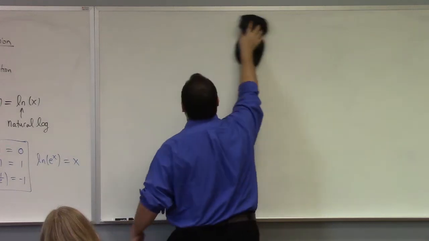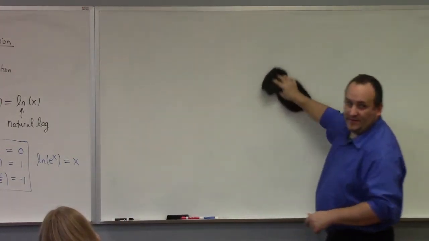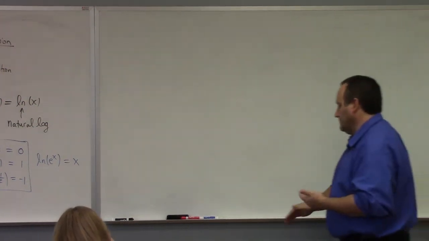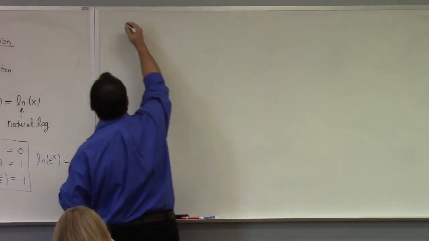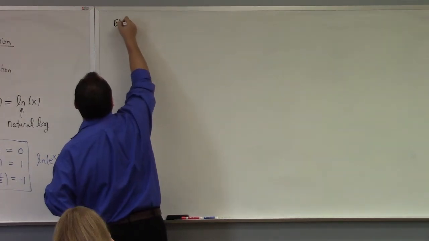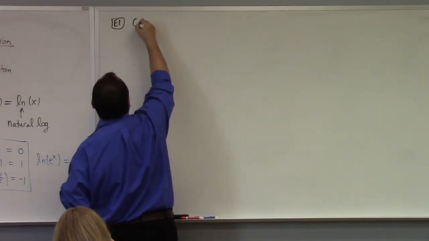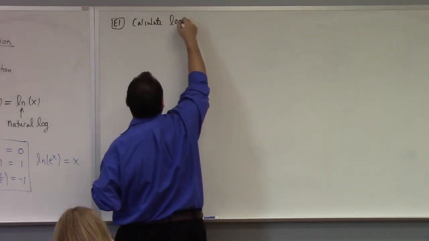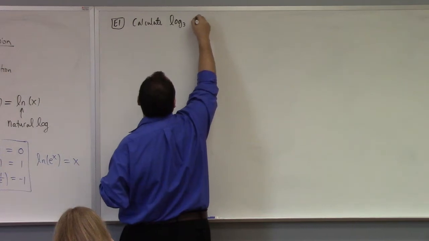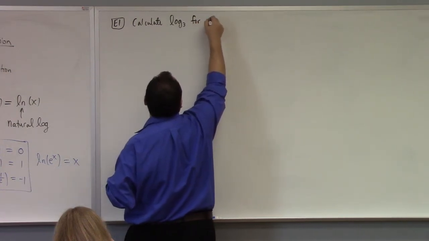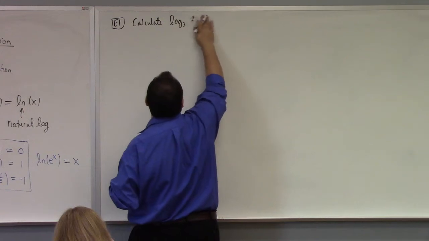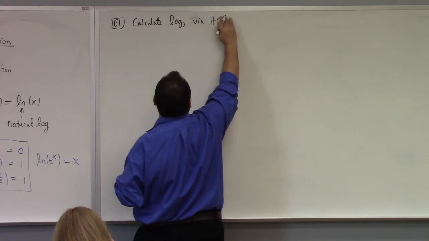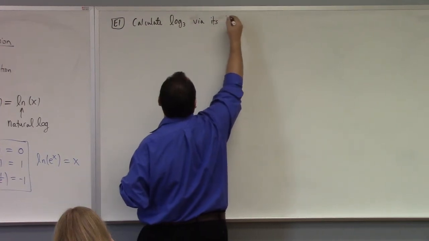All right, so let me shift away here from the natural log and talk about base 3 for a little bit. Example 1. Calculate log base 3 of the following via its definition.